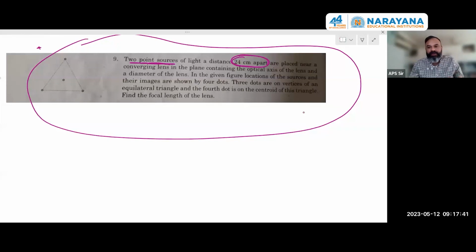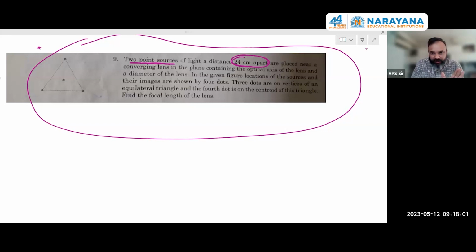Now in the question, you don't know anything except for the possible locations. You know that there are some bulbs or point sources. You know that the distance between them is 24. They are placed near a converging lens. Then there is a lens in a plane containing the optical axis of the lens and the diameter of the lens.